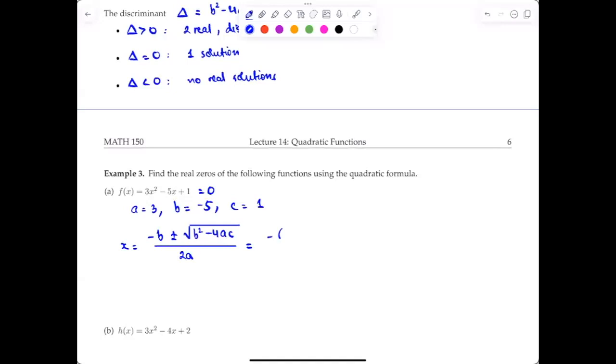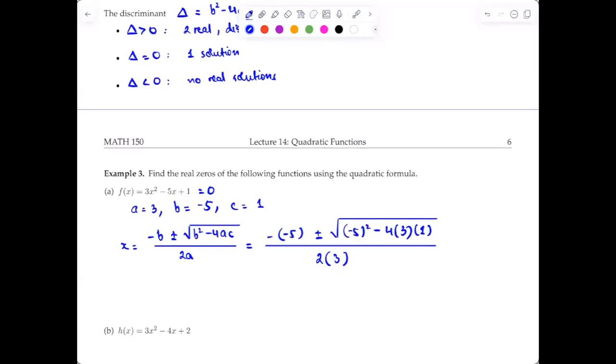You got -5 plus and minus square root of -5 squared minus 4 times 3 times 1 altogether divided by 2 times 3.